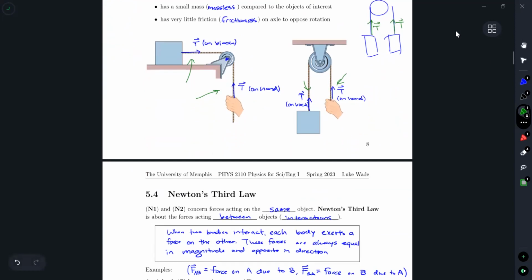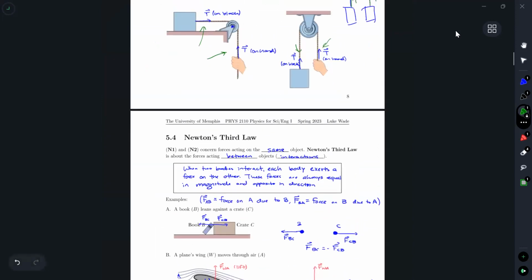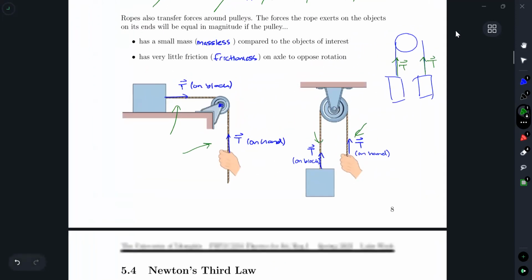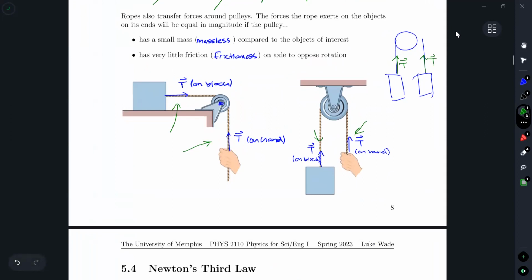Third law. The third law is how we're, I guess, explaining why the forces are acting this way. So the reason the tension pulls upward in this first picture on the hand is because the hand's pulling downward. And Newton's third law says those forces should be equal and opposite. Same up here.